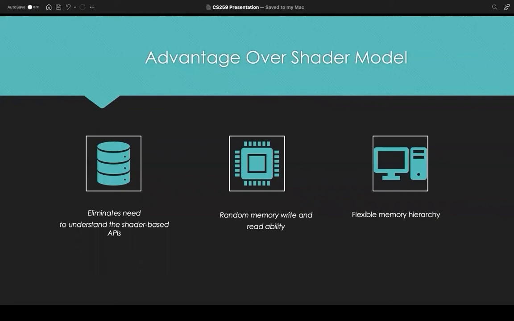Also, CUDA has a memory hierarchy that is flexible. Another advantage that CUDA has is that the cache memory present between the global memory and the processor core can be shared between them. This is what we mean by flexible memory hierarchy.